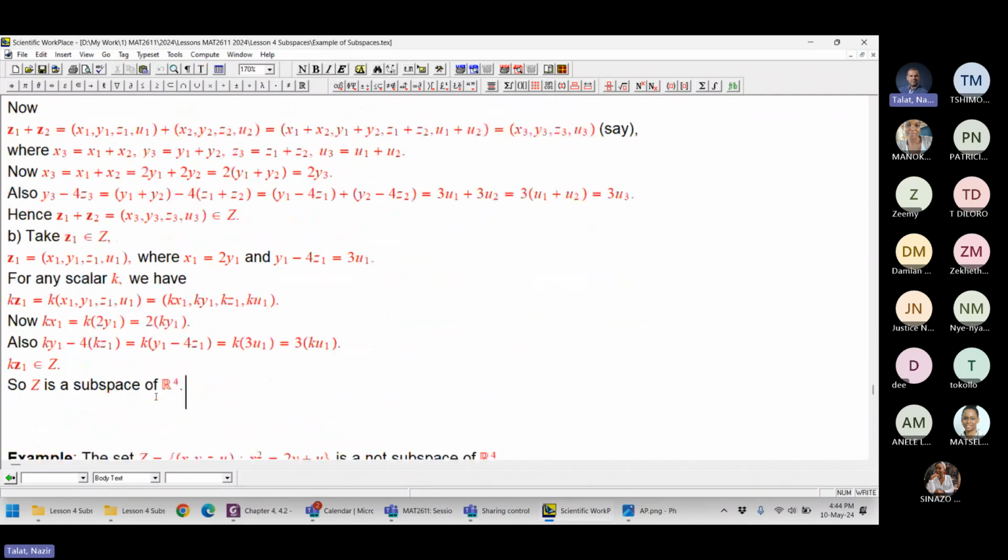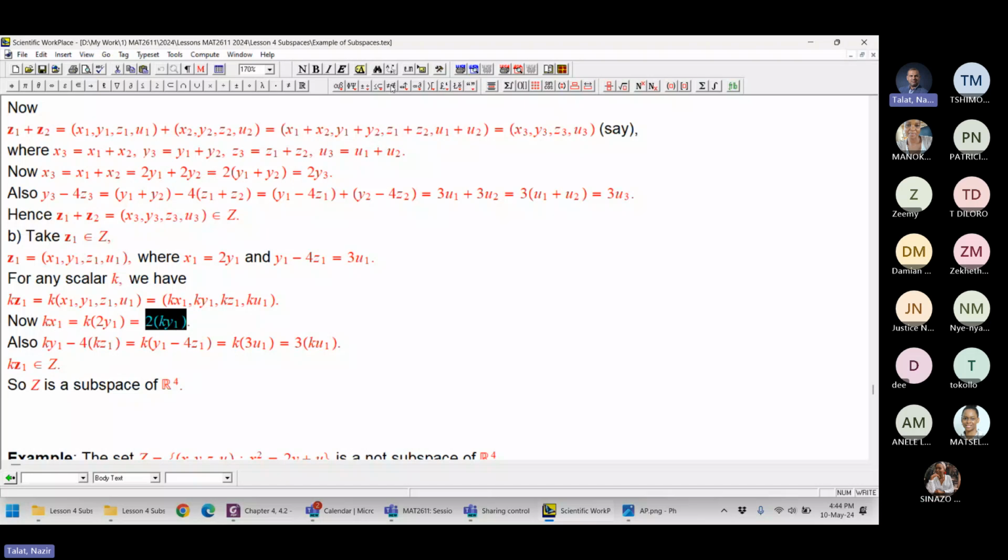Similarly, if we multiply k with an element of Z, then k multiplied with x1 becomes 2 times ky1.